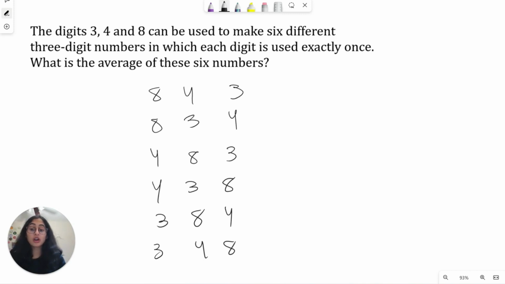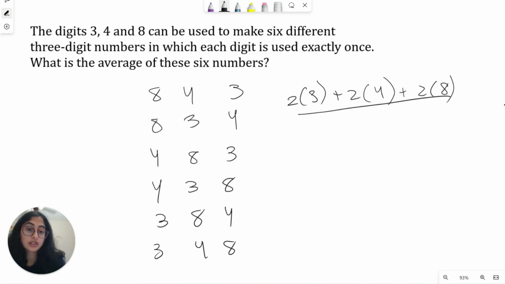So remember, our average is the sum of all the numbers divided by the number of numbers. So in this case, we have 3 plus 3, so 2 times 3, plus 4 plus 4, so 2 times 4, plus 2 8s, so 2 times 8, all over the number of numbers, which is 6. So we can divide by 2 on the numerator and denominator, which will cancel out the 2s on the top and leave us with 3 plus 4 plus 8 all over 3.